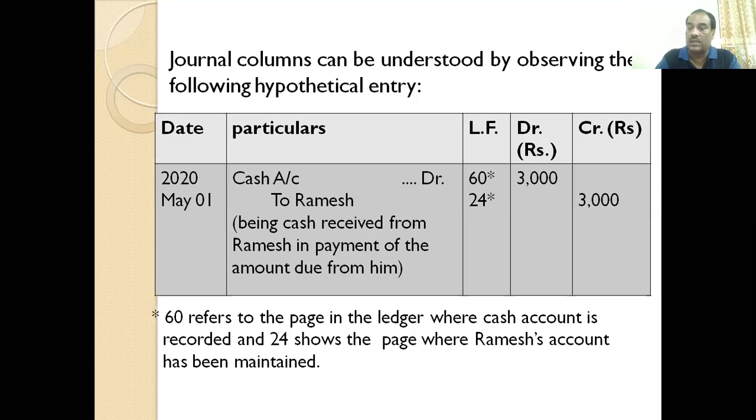Here, both the accounts are personal accounts. And one person, Ramesh, is one entity. Ramesh is paying, Ramesh is the giver, and the cash account of the business is the receiver. So the cash account is debited and the Ramesh account is credited.